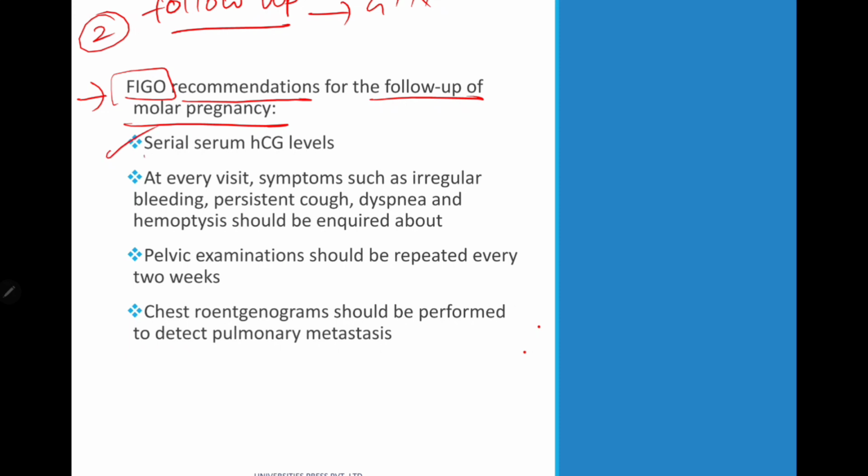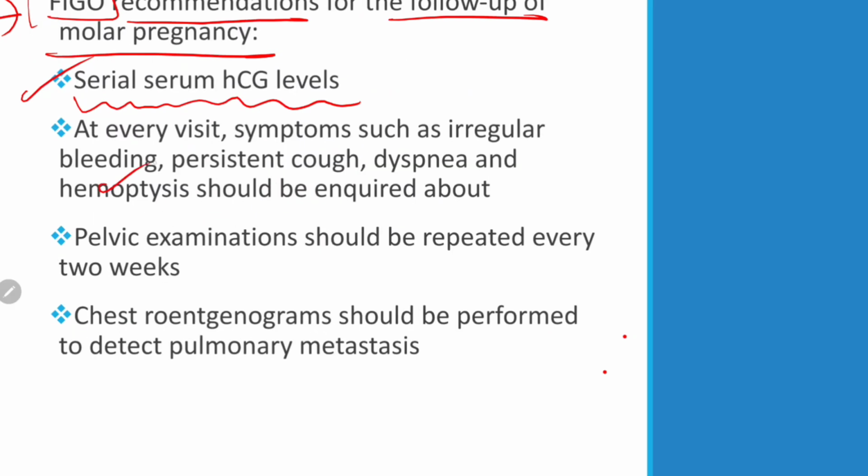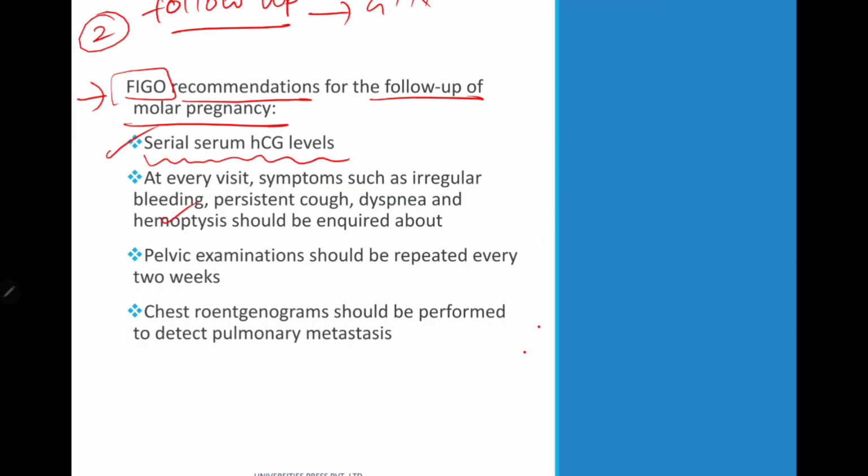First, you need to do a serial serum HCG level. Very, very important. At every visit, symptoms such as irregular bleeding, persistent cough, dyspnea, and hemoptysis should be inquired about.